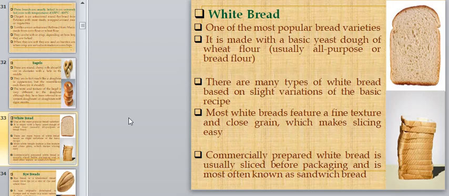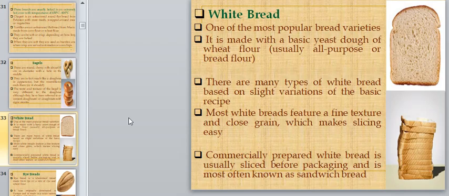We use all-purpose flour for the production of white breads, and white breads are further categorized into different types. The difference lies in the recipe that makes them different from each other.